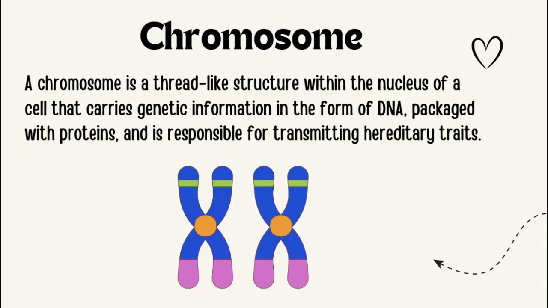But just to get an idea of what the structure is like, it's a thread-like structure, right? So this representation is when they are condensed. When they are decondensed or uncondensed, it makes them a lot harder for us to see, right?